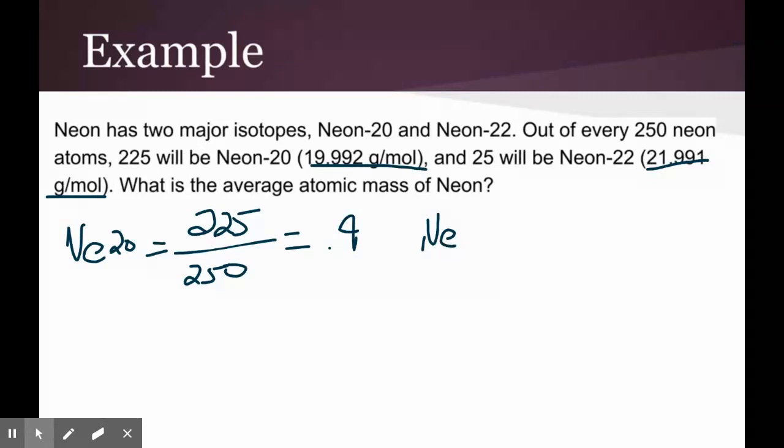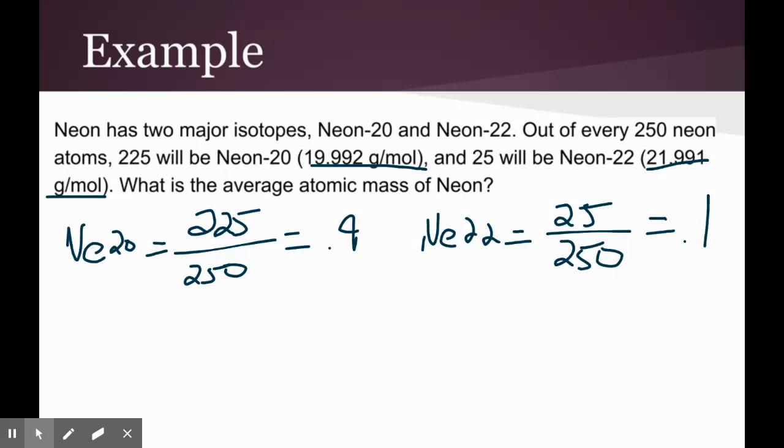And then for neon 22, 25 atoms out of every 250 will be neon 22, which gives us an abundance of 0.1. Now we have our masses and our abundances, so we can plug them in.